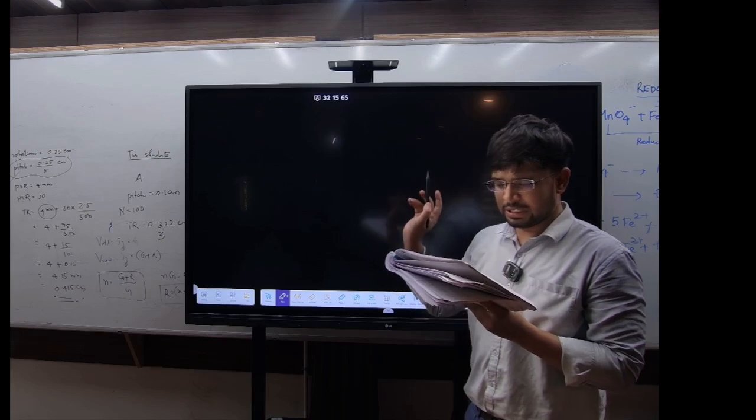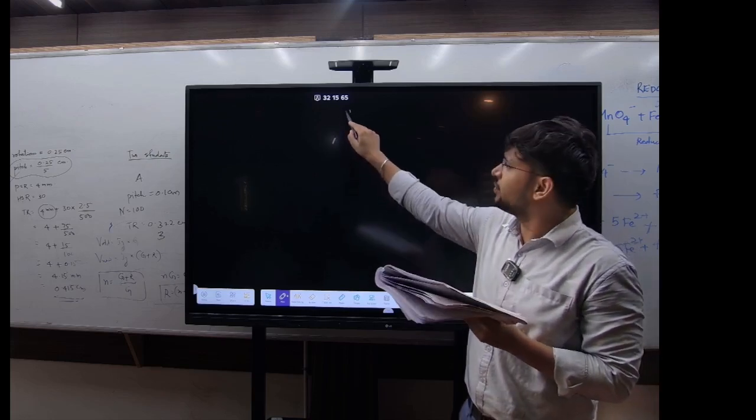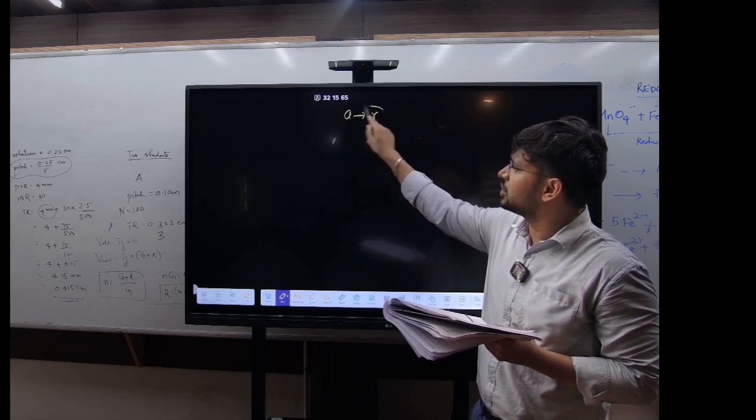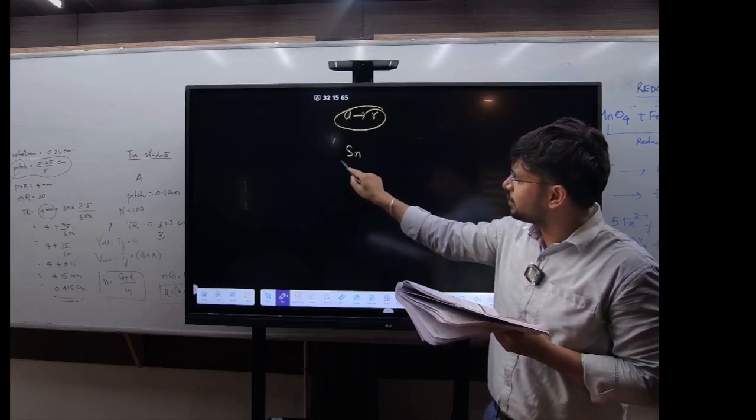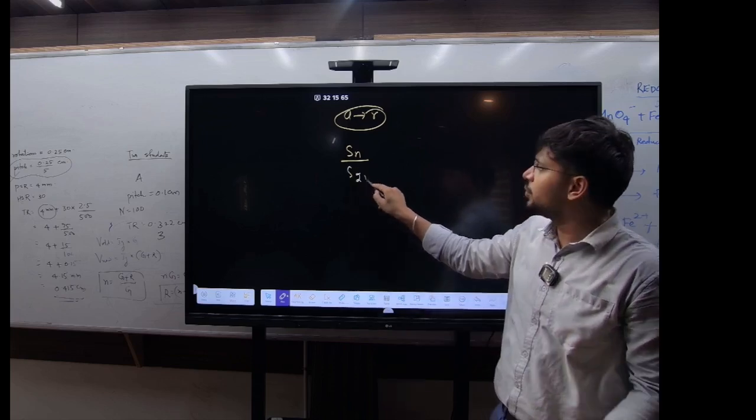Again a GP sequence, and it is given A is the first term and r is the common ratio. You have to find the ratio of the sum of n terms divided by the sum of 2n terms.